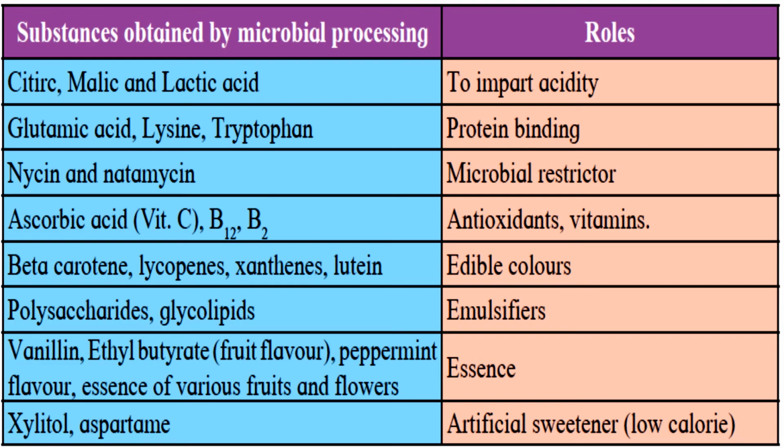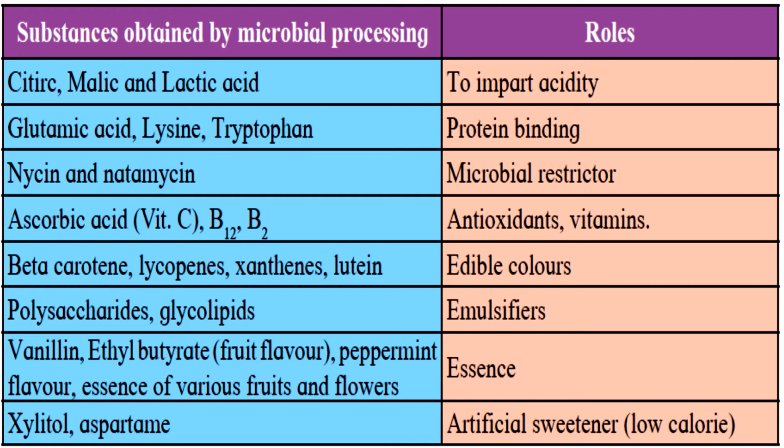Substances obtained by microbial processing: citric, malic and lactic acid impart acidity. If you want to impart acidity to any of the substances that have been prepared, you just need to use citric, malic and lactic acid. Okay. Glutamic acid, lysine, tryptophan help in protein binding.